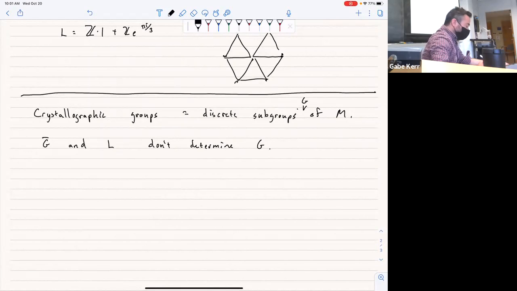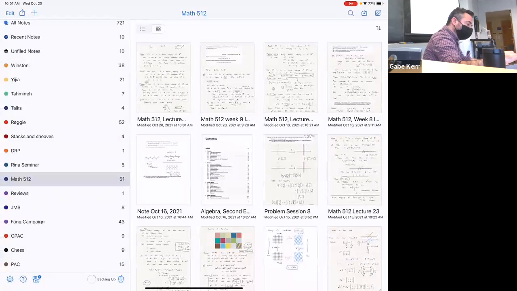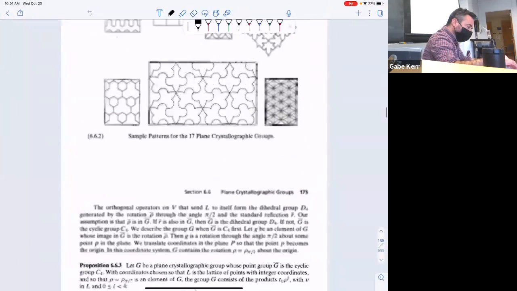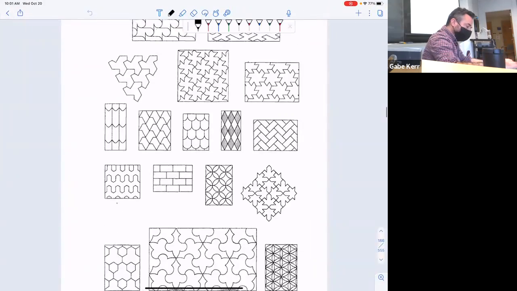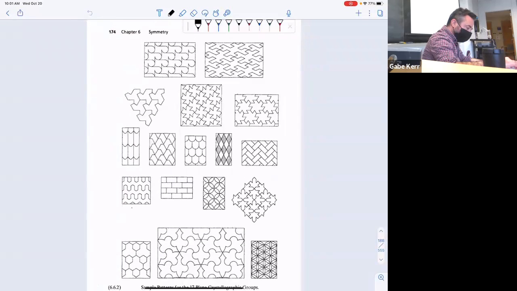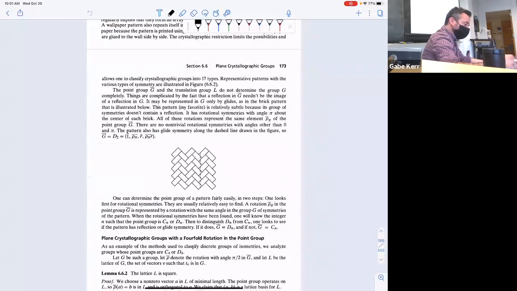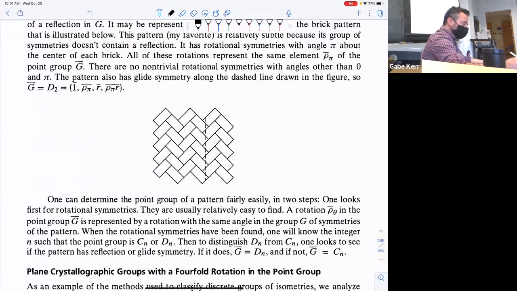So he gave an illustration. He has these really nice pictures of all of these different things. And in this one here, he gives this particular illustration. The point is, if you look at the lattice of translations, there's this reflection, which is a glide reflection in this case.